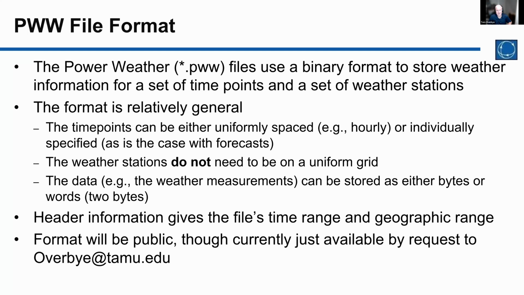So we can store non-uniform time data. The measurements for ERA5 are on a grid, but they don't have to be on a grid. The PWW format is pretty general. The header information gives the file's time range and geographic range, so you can parse through it. PowerWorld can parse through it pretty quickly.